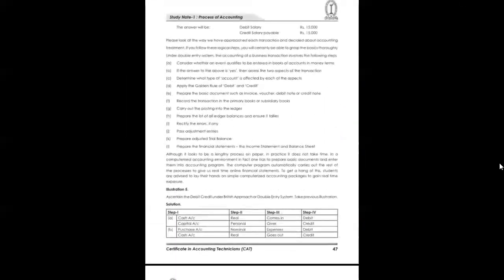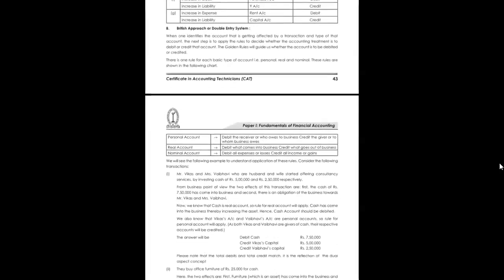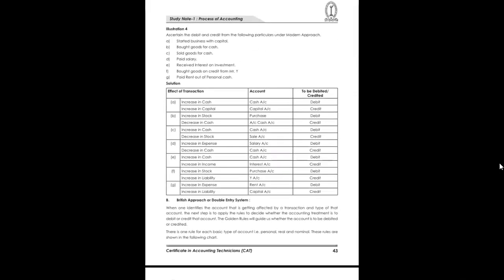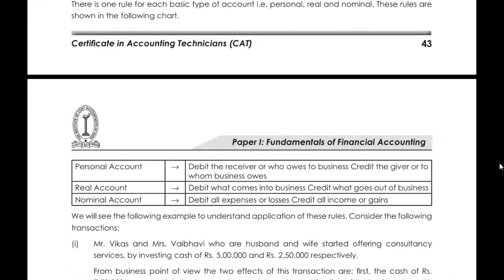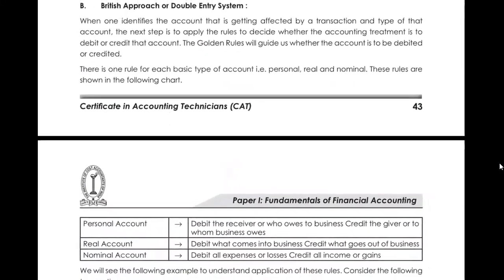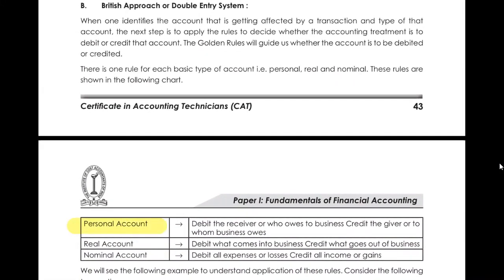So we have the British approach, which we have learned right now, or the double entry system, which bifurcates my accounts into three things: the personal account, the real account, and the nominal account, as you can see on the screen. As per the personal account, debit the receiver or who owes to business, and credit the giver, who the business owes.